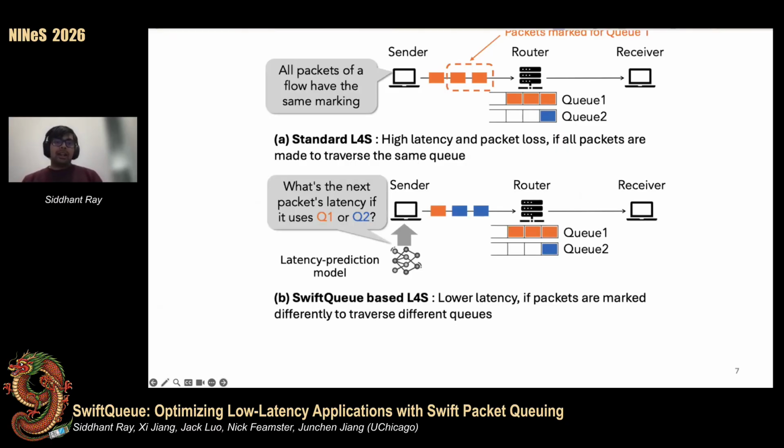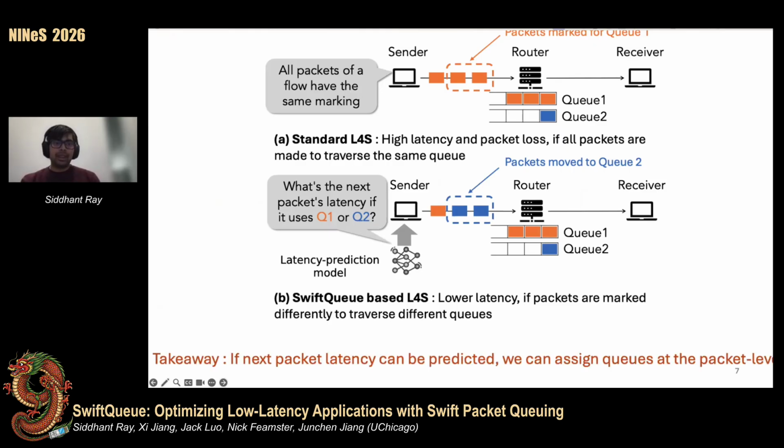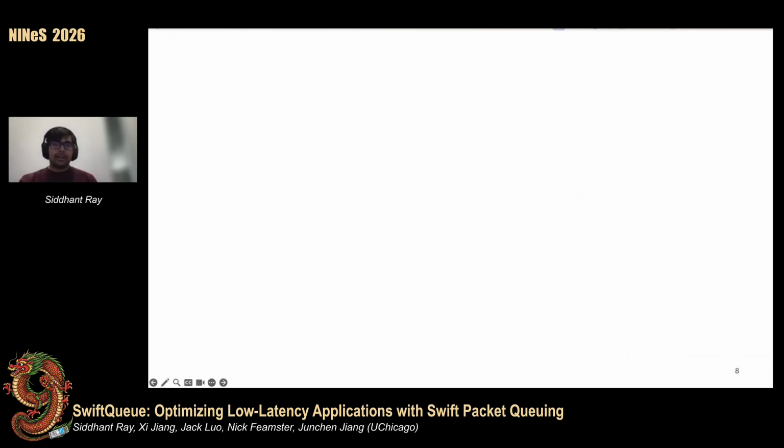What would happen in our system, SwiftQueue, if we could decide which packets to send to Q2 at the sender itself? We could mark some of the orange packets as blue packets and send them to Q2. So if we can predict the packet latency of the next packets, we can assign queues at the packet level.